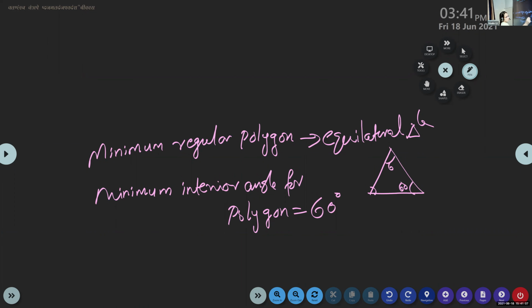That you know, isn't it? For an equilateral triangle, all angles are 60 degrees. You know that the minimum regular polygon is an equilateral triangle. So my question is, what is the minimum interior angle for a regular polygon? It is 60, because the minimum regular polygon is an equilateral triangle, so its angle is 60. Is it clear now? Yes, ma'am.